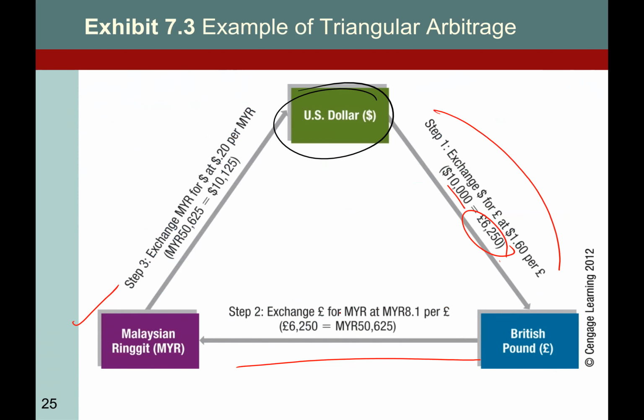The price is 1 pound equals 8.1 Malaysian ringgit, so you will get 50,625 Malaysian ringgit. The last step is you convert your Malaysian ringgit back to US dollars, and the rate given is $0.2. Any question?